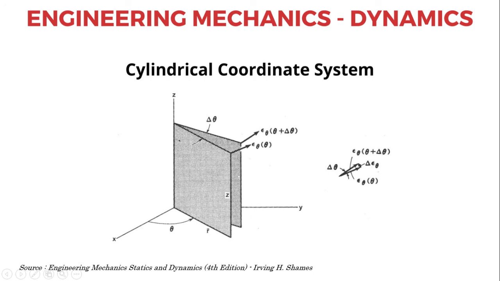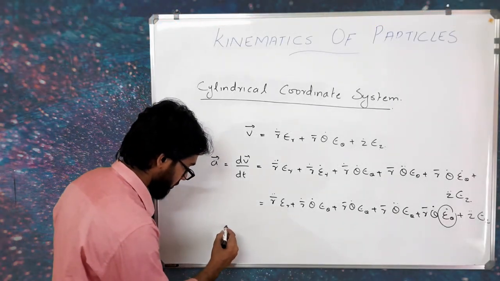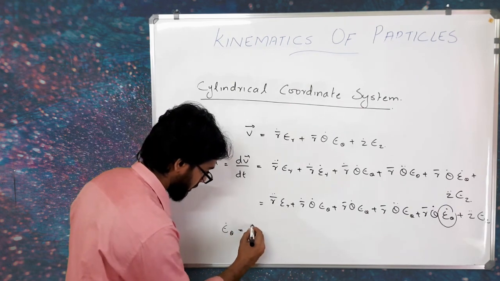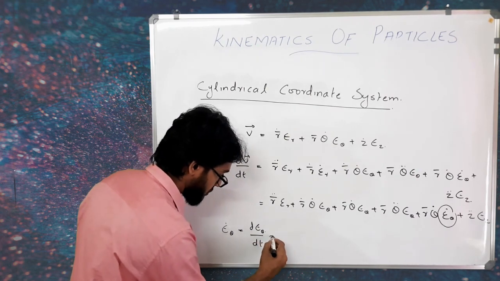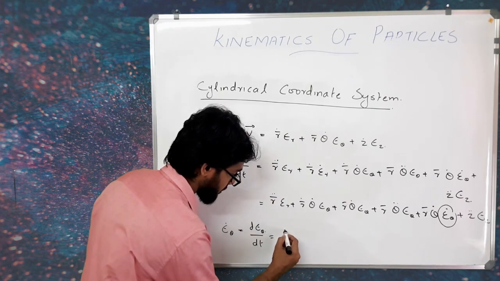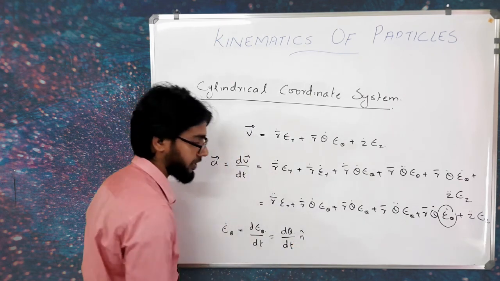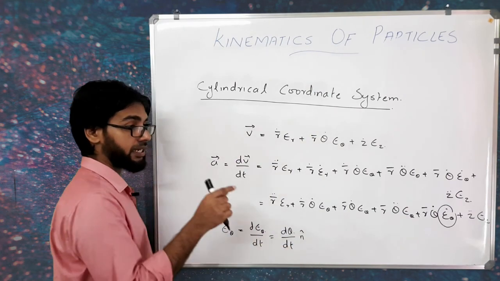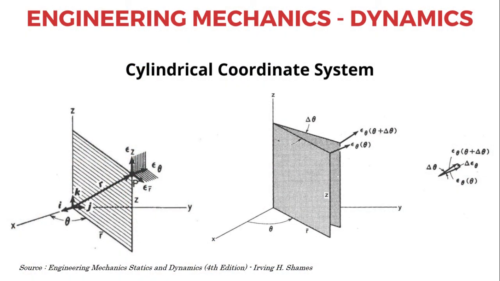Now the time derivative of epsilon theta can be given as epsilon theta dot is equal to d epsilon theta by dt, which is equal to, if you remember it correctly, d theta by dt into n vector, where n vector is along the direction of delta epsilon theta as shown in this figure.